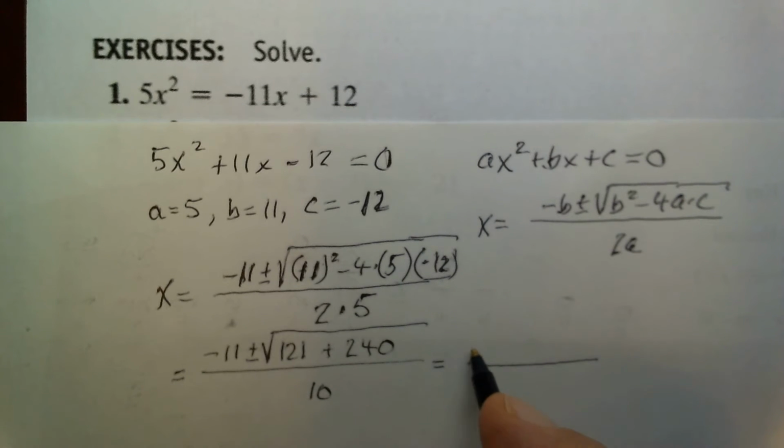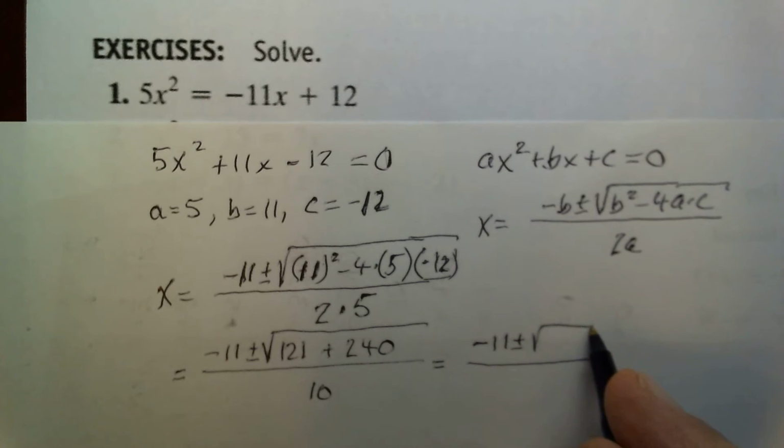So that's equal to minus 11 plus or minus the square root of 361 divided by 10.